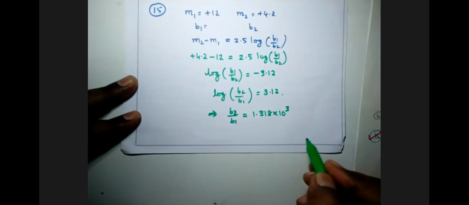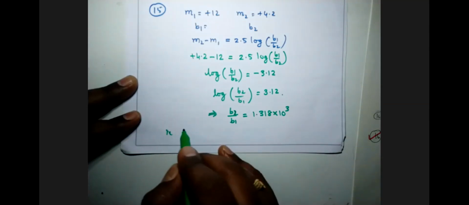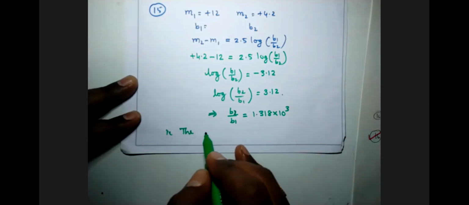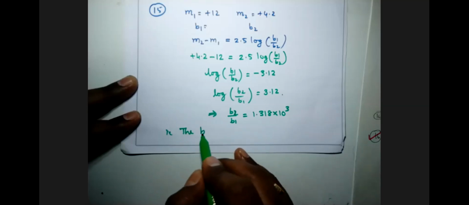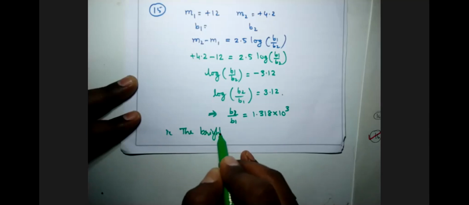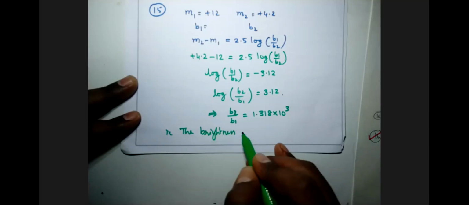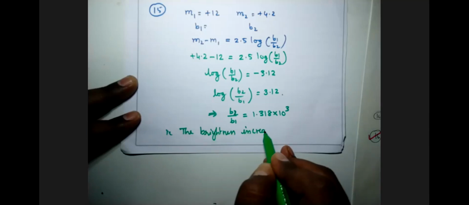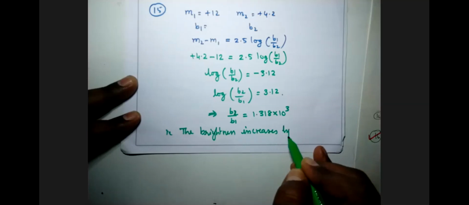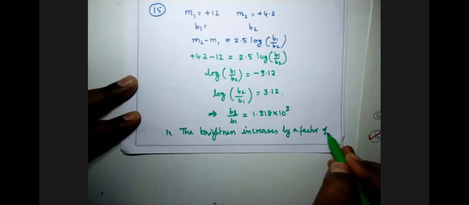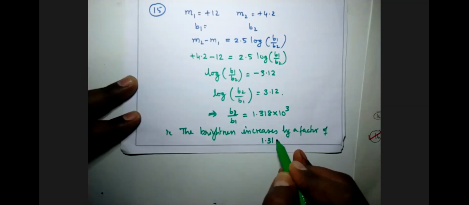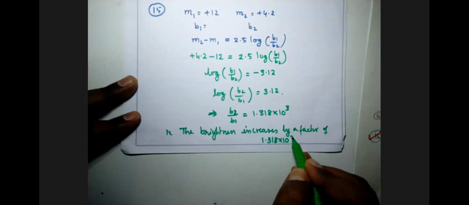That is, when the magnitude changes from +12 to +4.2, the brightness increases by a factor of 1.318 into 10 to the power of 3.